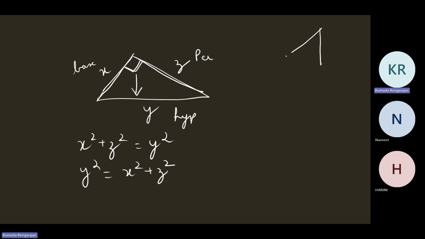Now, Harini, tell me for this one. Complete. I'll just start. MN square. MN square, Harini. MN square plus PN square is equal to PM square. Very good. You can write PM or MP, both are the same. PM square. Very good, Harini.